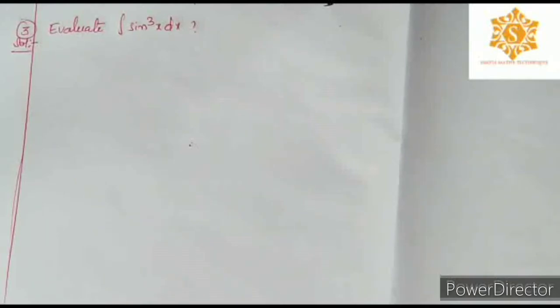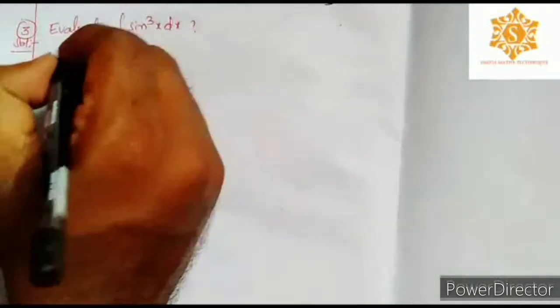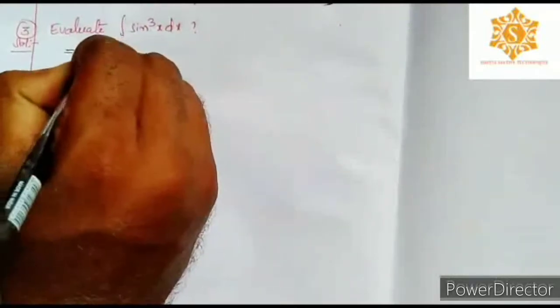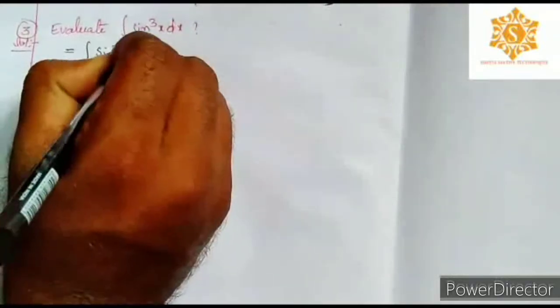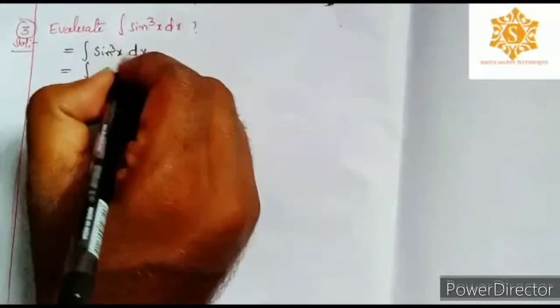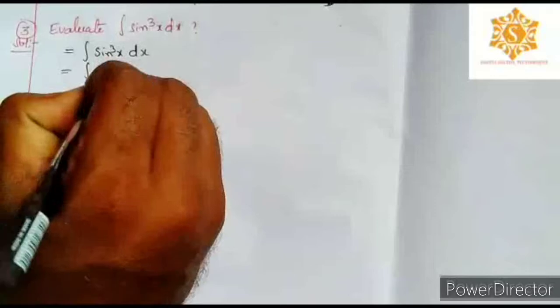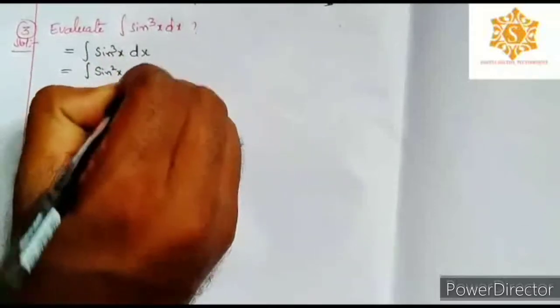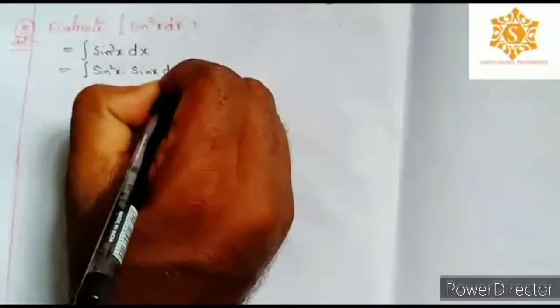Next problem, evaluate integration of sin cubed x dx. So given that integration of sin cubed x dx, that is equals to integration of, you can write sin cubed x as sin square x into sin x dx.